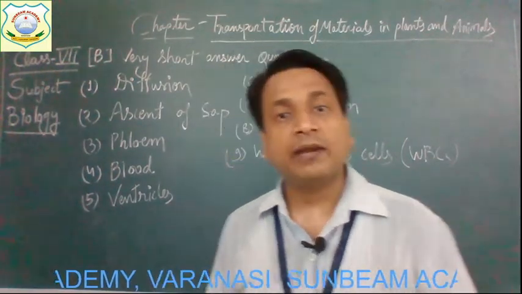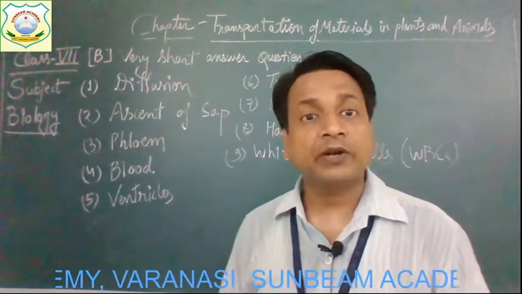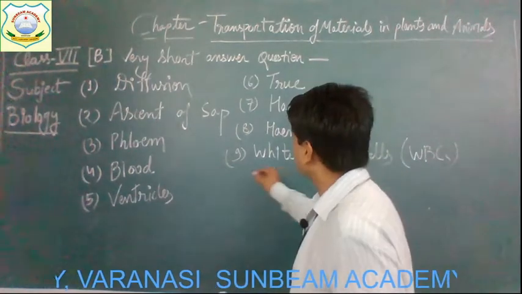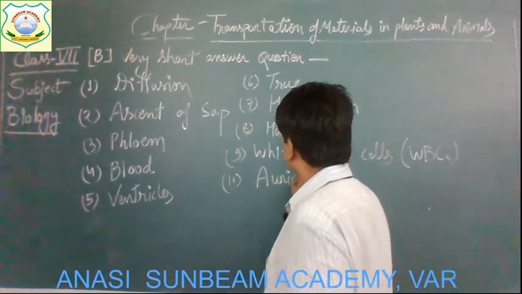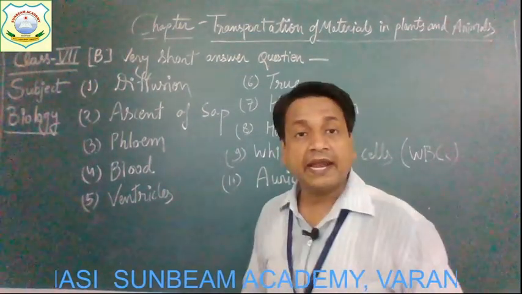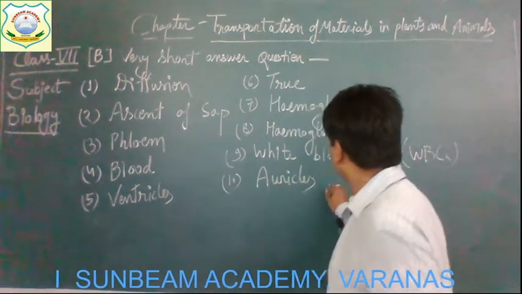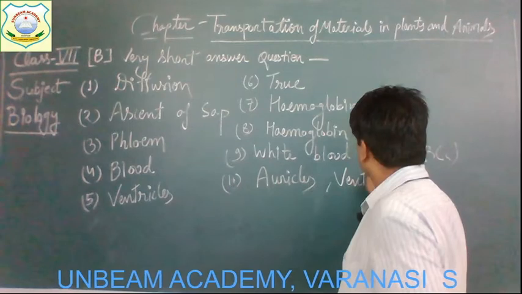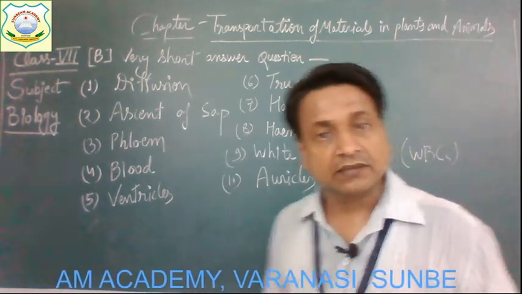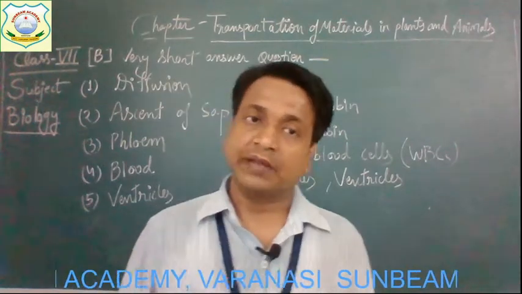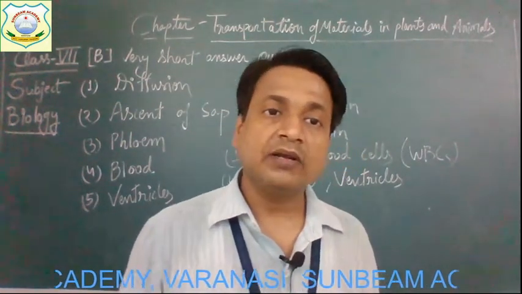So here you have to write the answer. The upper two chambers are auricles and the lower two chambers are ventricles. Get it?